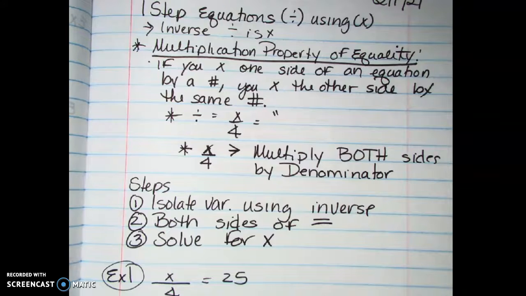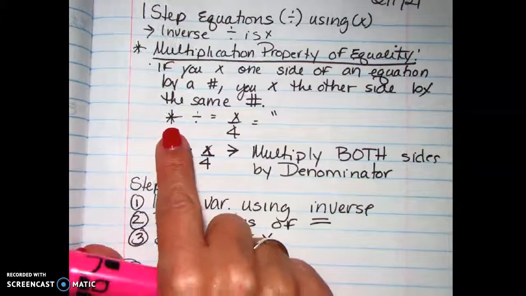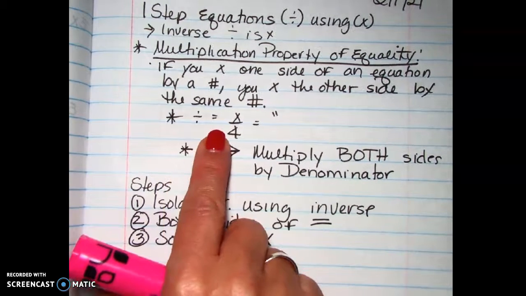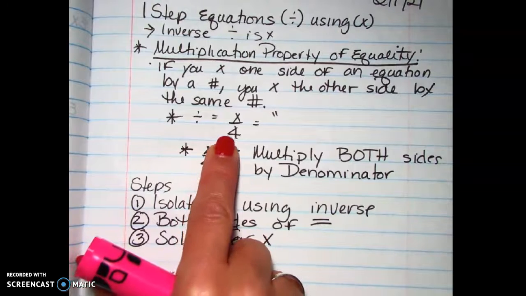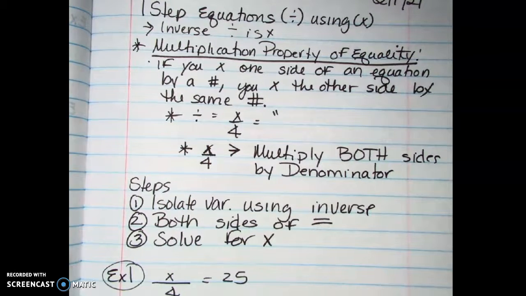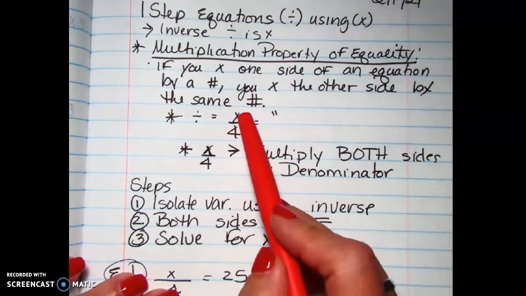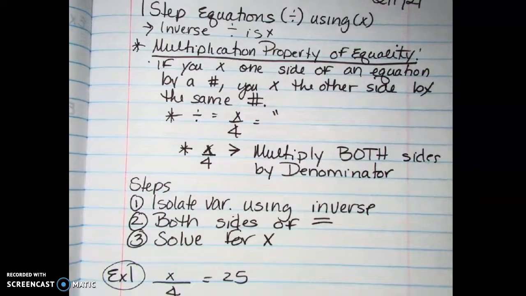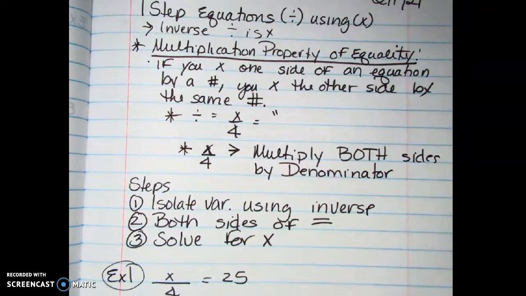There's a couple things that are really important that we need to remember and understand while we're doing this lesson. The first thing is division can be written as a fraction. So if you notice, I have x over 4. But what do we say when we have something like this?